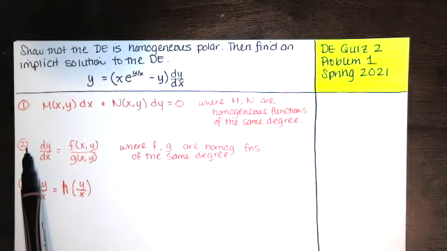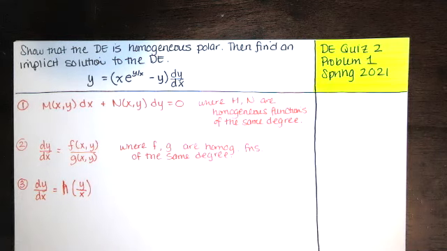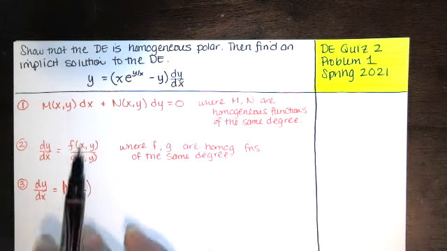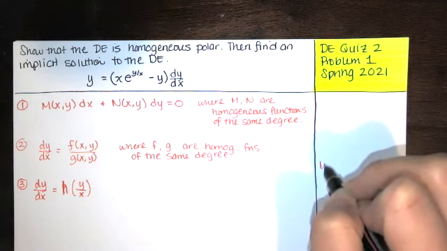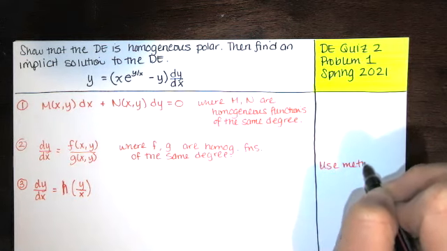So I'm going to use method number 2 and method number 3 here to show the DE is homogeneous polar, but 2 and 1 are really equivalent to each other. So let's say that we're going to use method number 2.